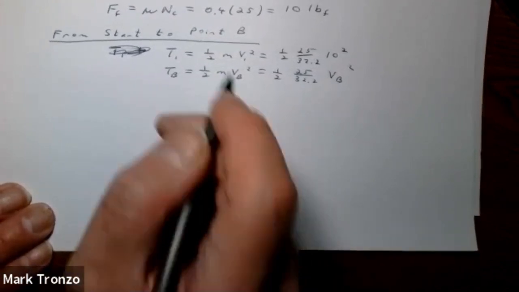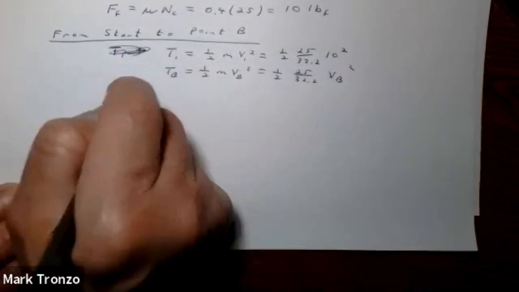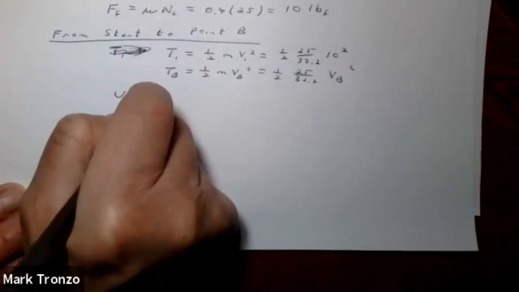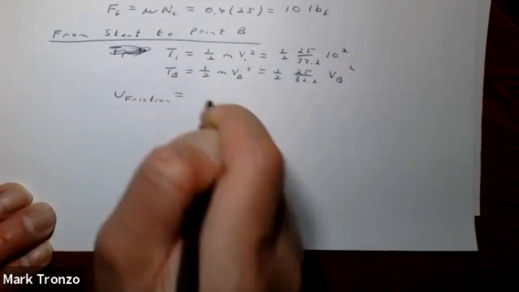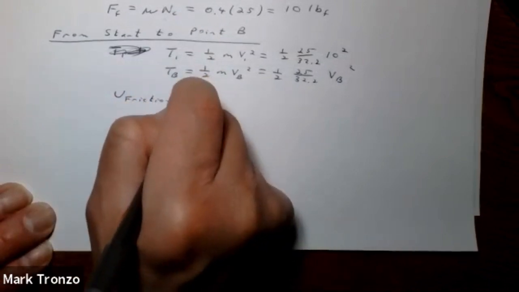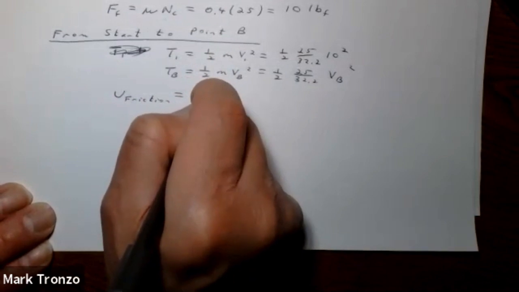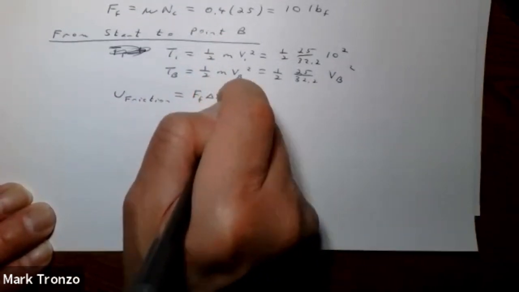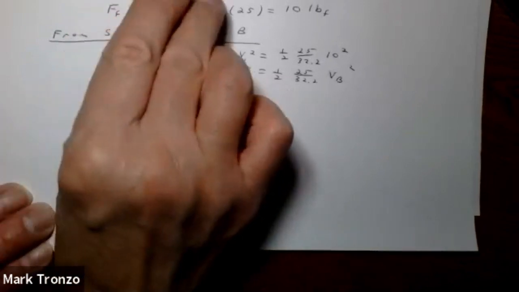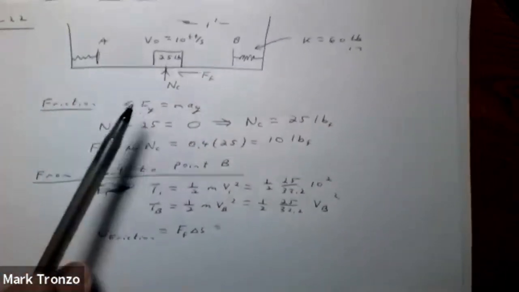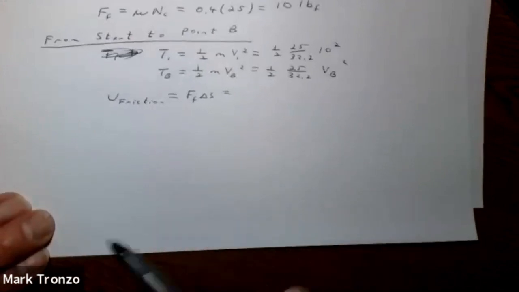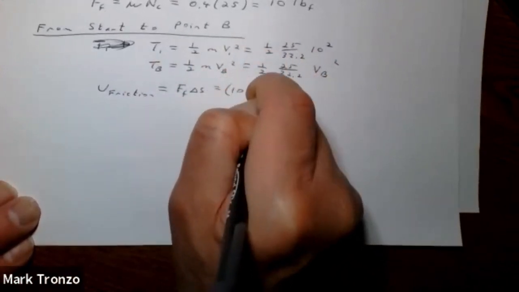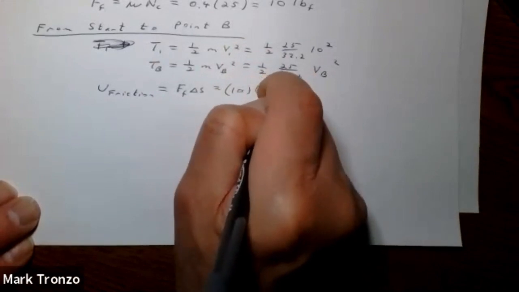And then the only work that's going to be done is due to friction, since there's no other forces acting on it. So F times the distance that it's traveling, and that's going to be 1 foot. Notice from where it starts to point B, that's just going to be 1 foot. So that's going to be 10 pounds force times 1 foot.